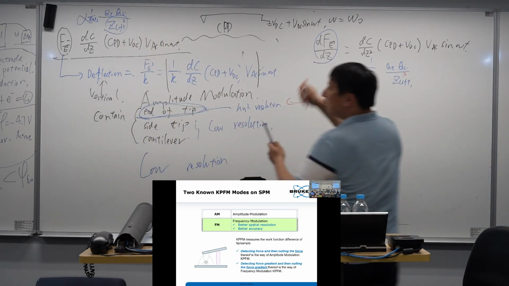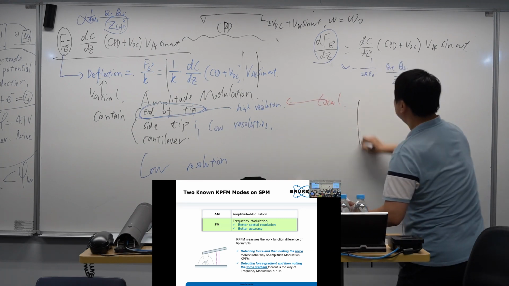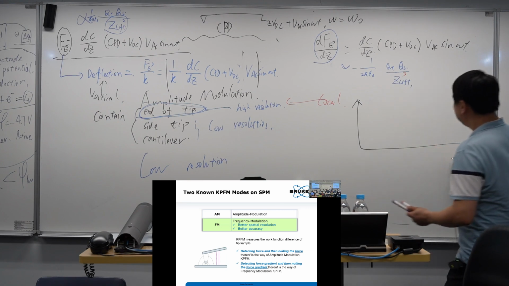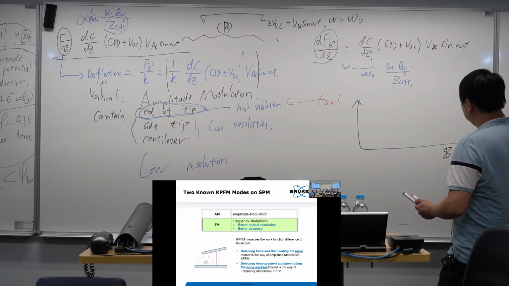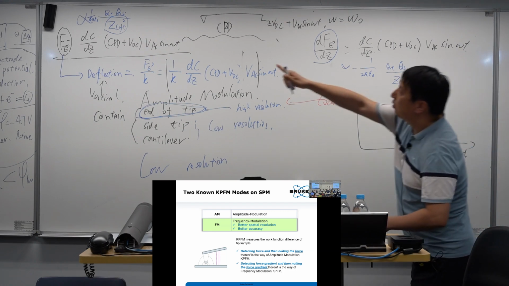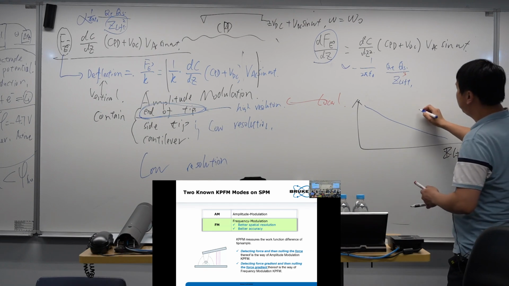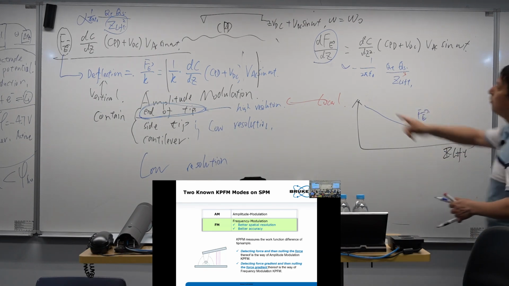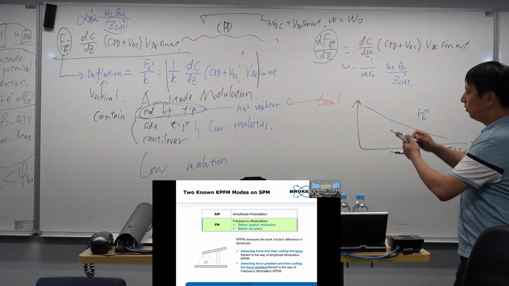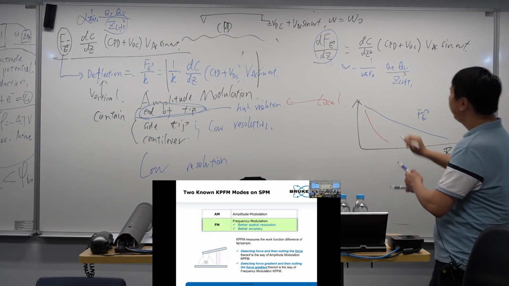If we draw this curve, with distance Z lift on the axis, the force looks something like this, but its derivative looks something like this.